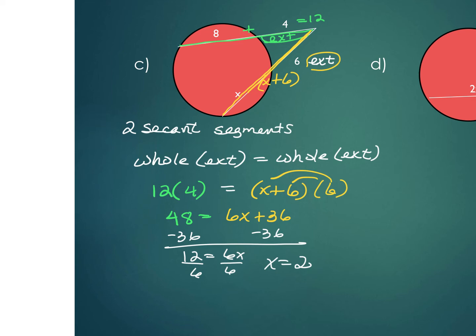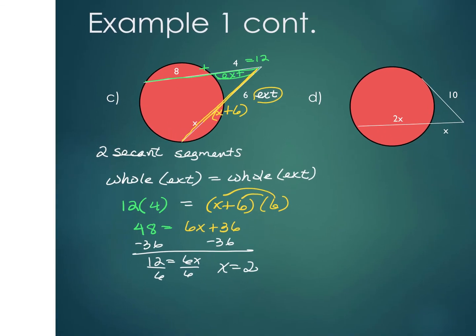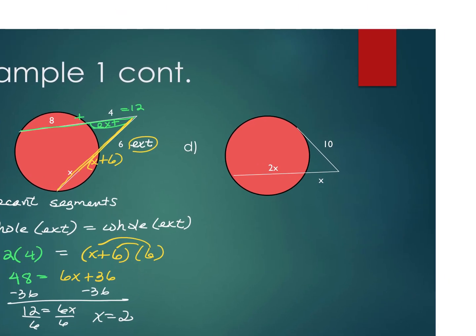Example D. This one is a tangent and a secant. We already did this one, but we'll do it again. So 10 is the tangent, and the 2x plus x is going to be my secant segment. So the whole length is 2x plus x, which is 3x.